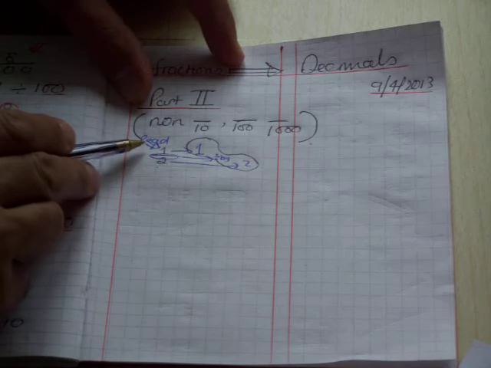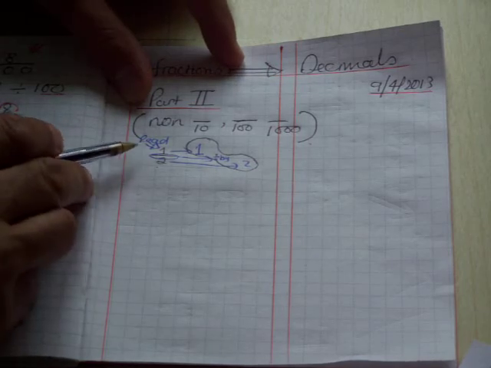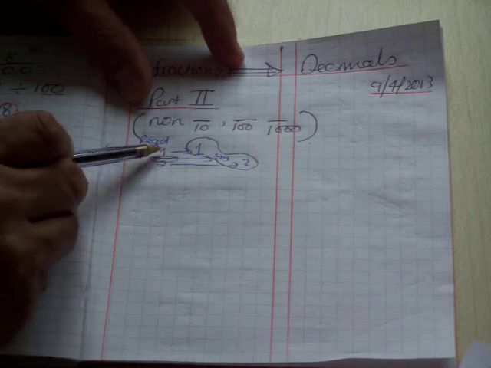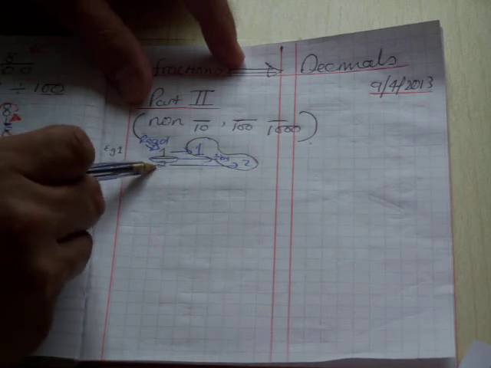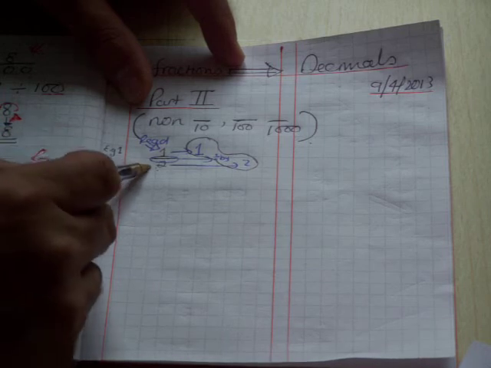So when we look at the fraction a half, what do we see? We see a division calculation. It is saying to us 1, the line stands for divide, 1 divided by 2. So we need to be able to read the fraction properly. Once we can read the fraction properly, we can do the question.